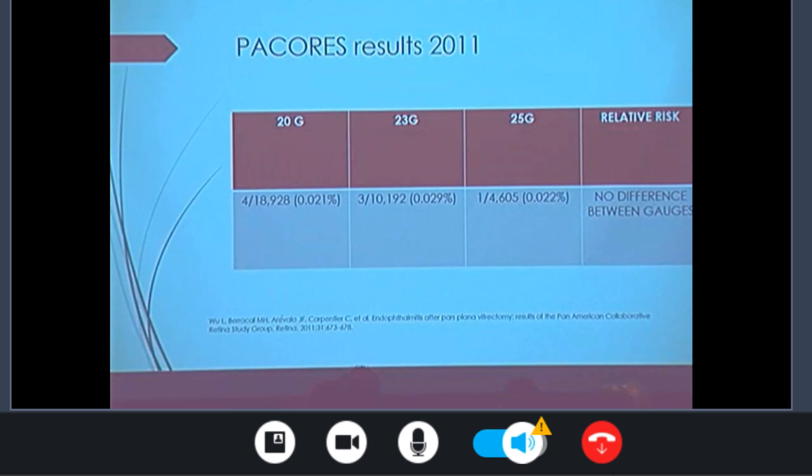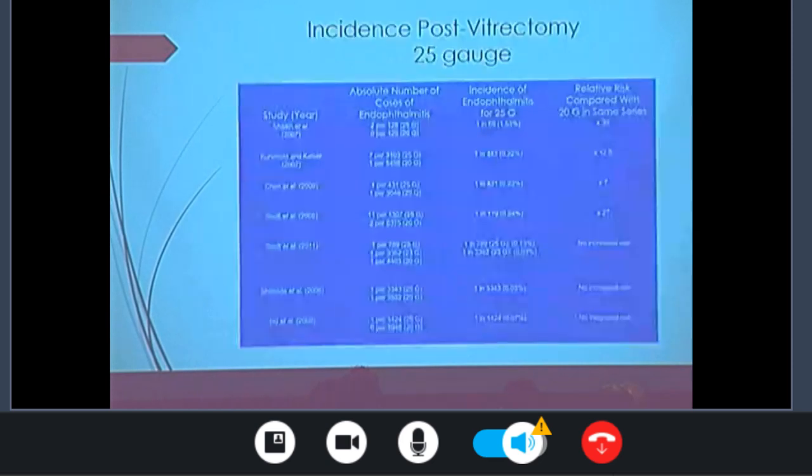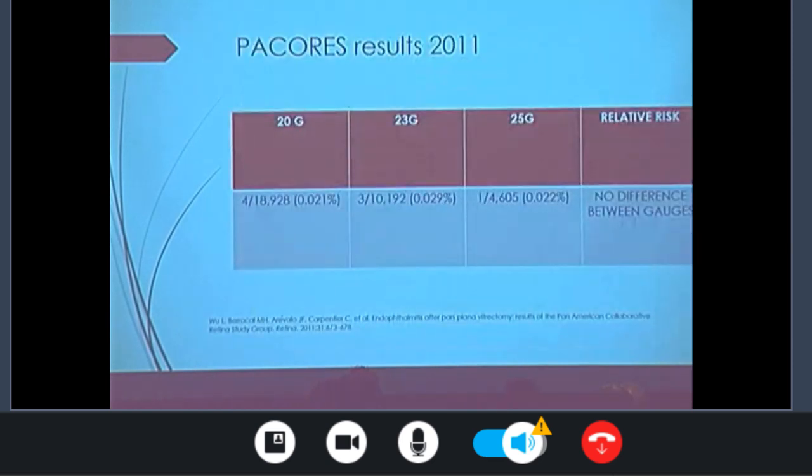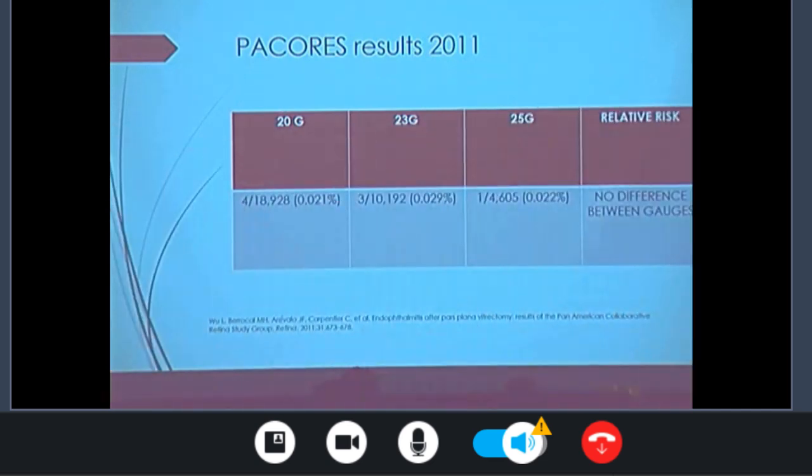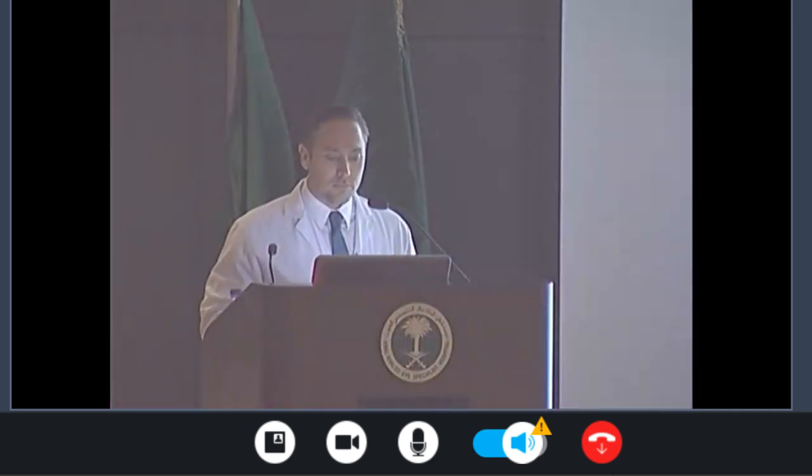They also compared 20, 23, and 25 gauge post-vitrectomy endophthalmitis. And we can see that overall, they have very similar results, where 20 gauge had a 0.21% chance of developing endophthalmitis, 0.29% for the 23 gauge, and 0.22% for the 25 gauge. So they didn't find any difference between gauges.